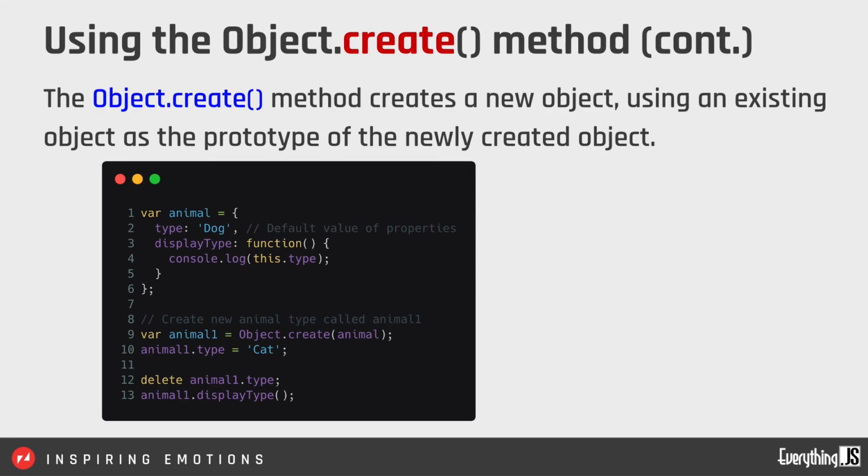I have added the type property to the animal1 object, and in line number 2, I'm going to delete that animal1.type. So now you have an idea about the prototypes as well. So can you tell me what would be the answer for these, like animal1.displayType? What would be the output for that?